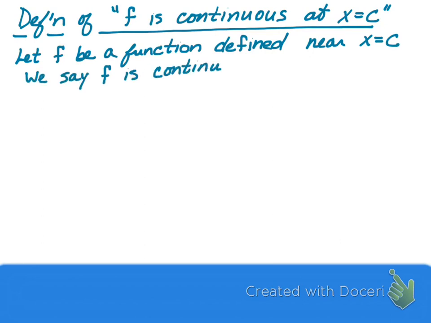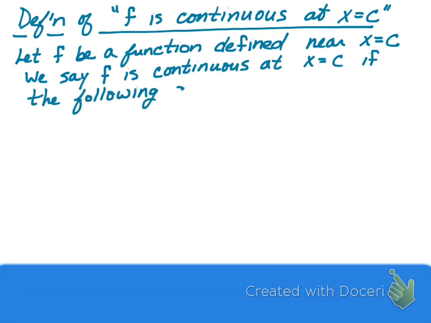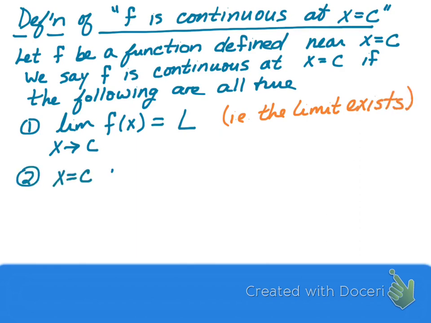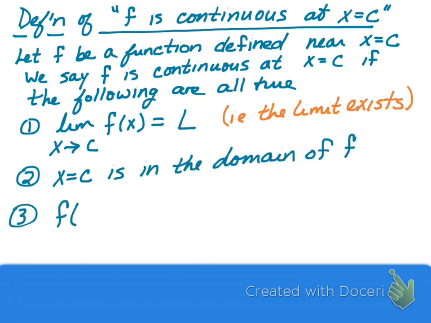We say f is continuous at x equals c if each of the following is true. 1, the limit as x approaches c of f of x equals L, which is the same thing as saying that the limit exists. 2, x equals c is in the domain of our function, and 3, f of c equals the value of the limit. So those three conditions need to be met for us to say that a function is continuous at x equals c.